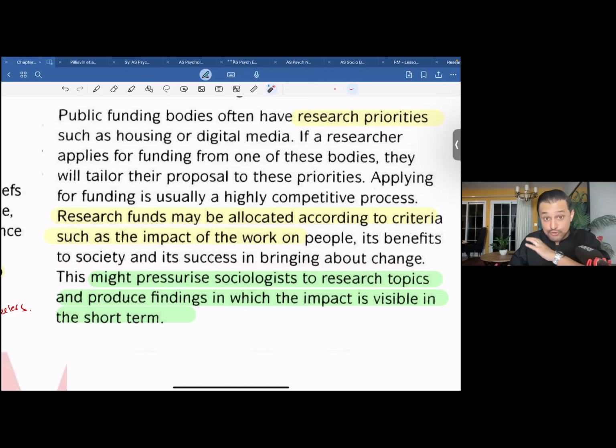This might pressurize sociologists to research topics and produce findings in which the impact is visible in the short term. So in a nutshell, we're talking about convincing the research organization that the topic you want to research is actually worth it.